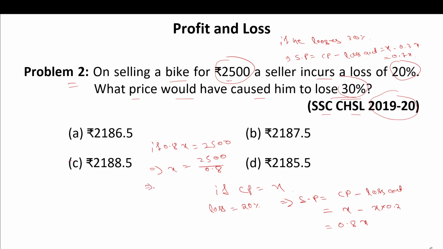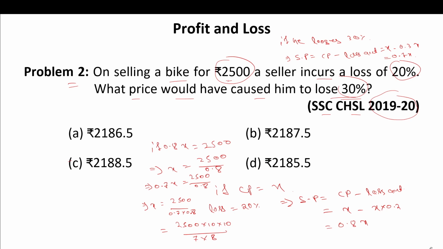So this implies that 0.7x is equal to 2500 by 0.8. So this implies that x is equal to 2500 by 0.7 into 0.8. So this is equal to 2500 into 10 into 10 whole by 7 into 8. Okay, so this is what we'll have.